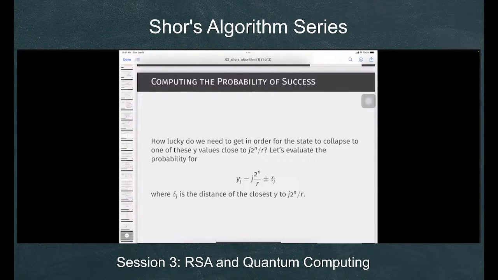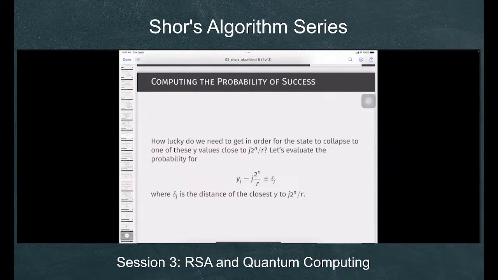When you apply Shor's algorithm, it's possible that you don't get the period. So the question is, how many times do I apply Shor's algorithm before I get the period? That's why you need to compute the probability of success, the probability that you actually get the period.